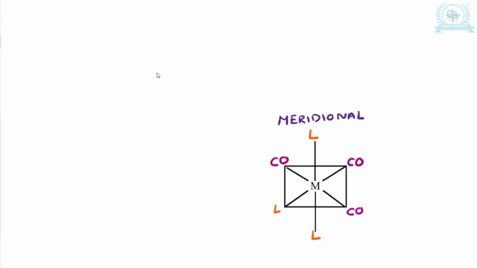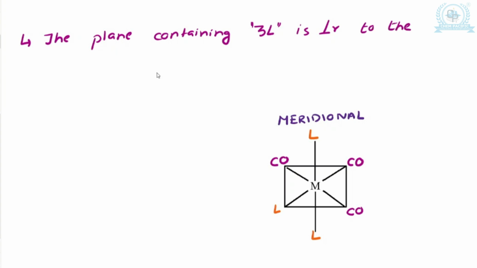Then in the case of the meridianal, you see, in this case, the plane containing three L ligands is perpendicular to the plane containing 3 CO ligands.